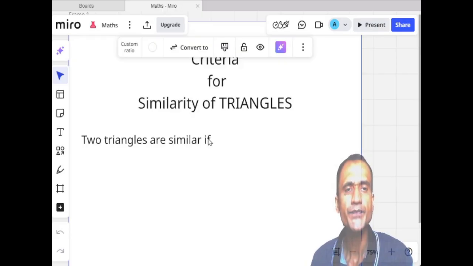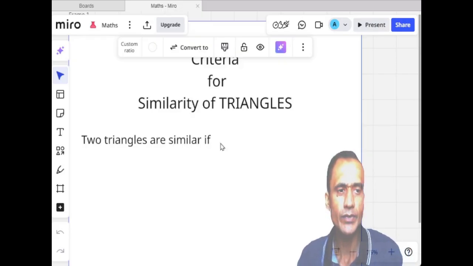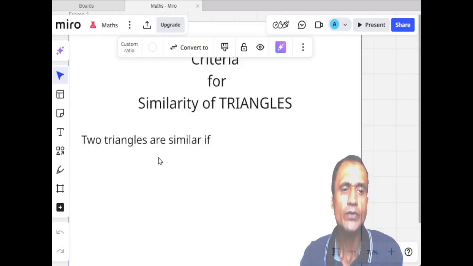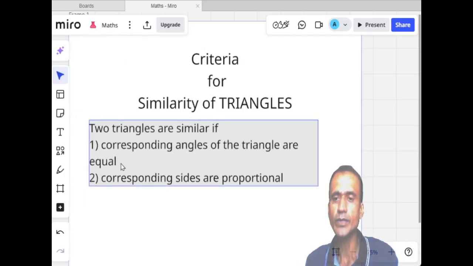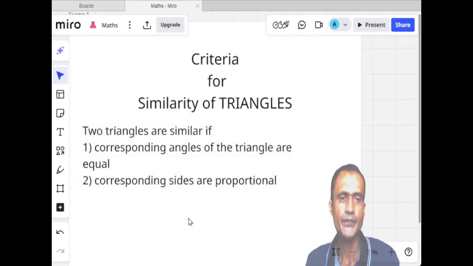So in this section, we are going to study the similarity of triangles. When we say that two triangles are similar, what does it mean? It means that their corresponding angles are equal and their corresponding sides are in proportion. This is the basis on which we can say that two triangles are similar.